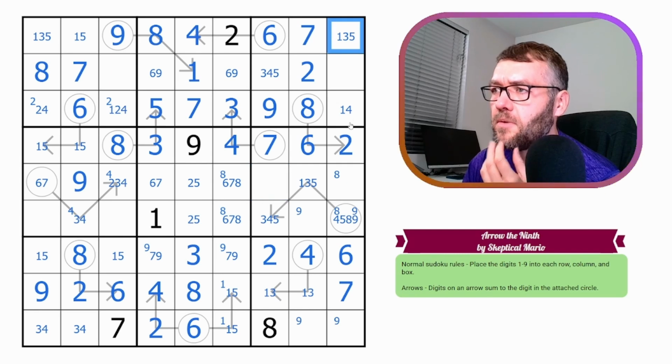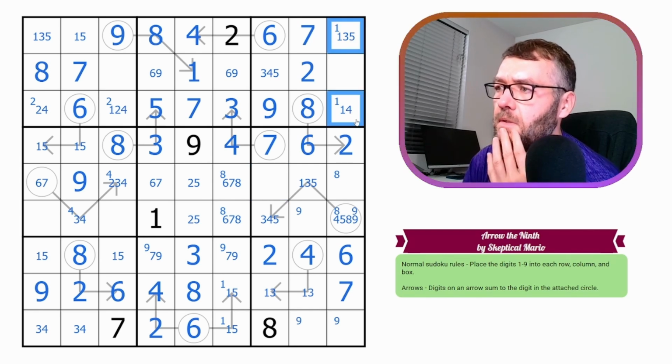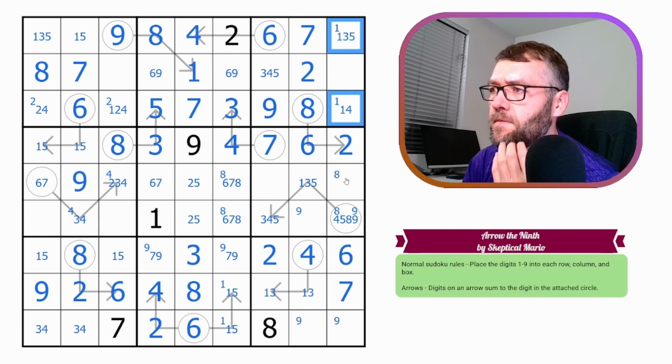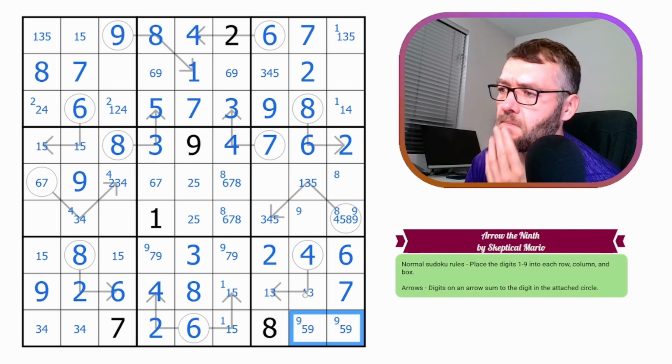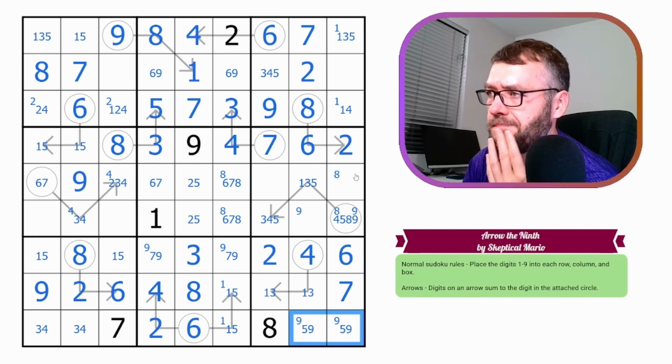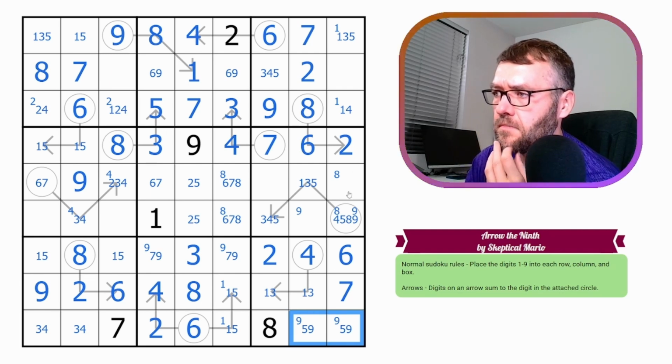All right, we know a 1 is going over here in this box, in one of these 2 cells. This is a pair down here. This is a 5, 9. All right, if this was a 4, this would be a 1, 3.